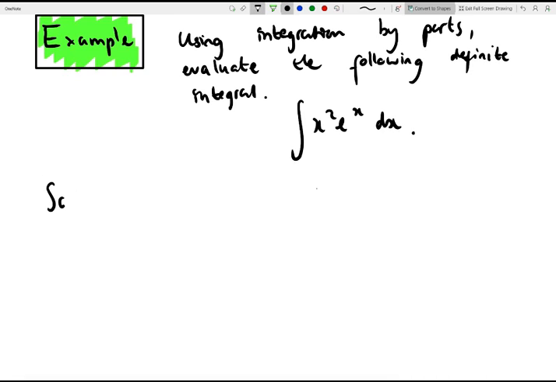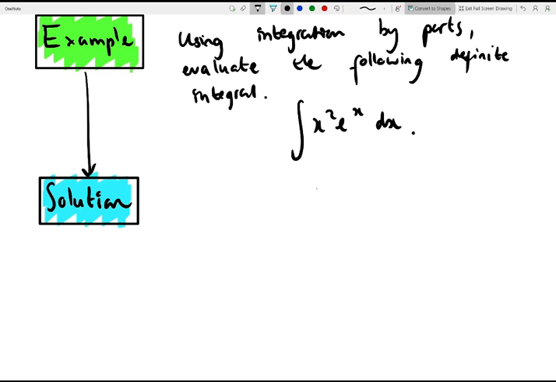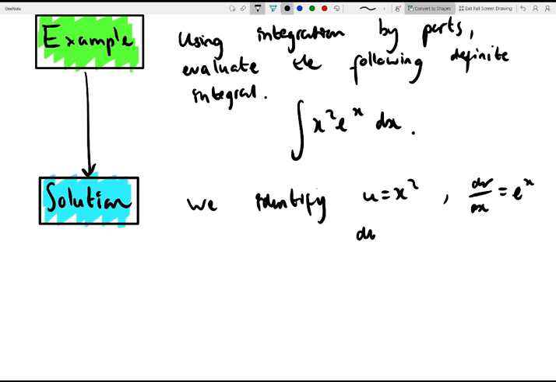And our solution to this, we identify u to be x squared and dv by dx to be e to the x, then du dx is going to be 2x, and v is going to be the integral of dv by dx, so just e to the x.